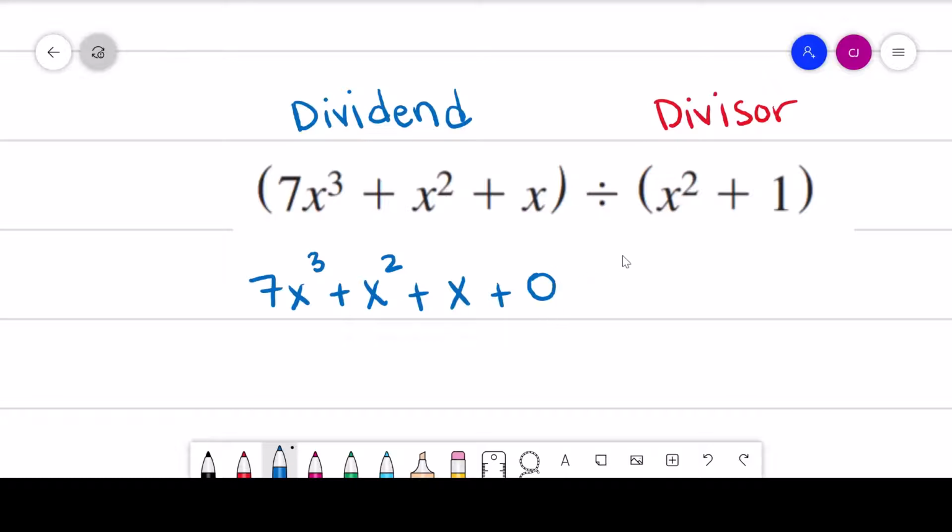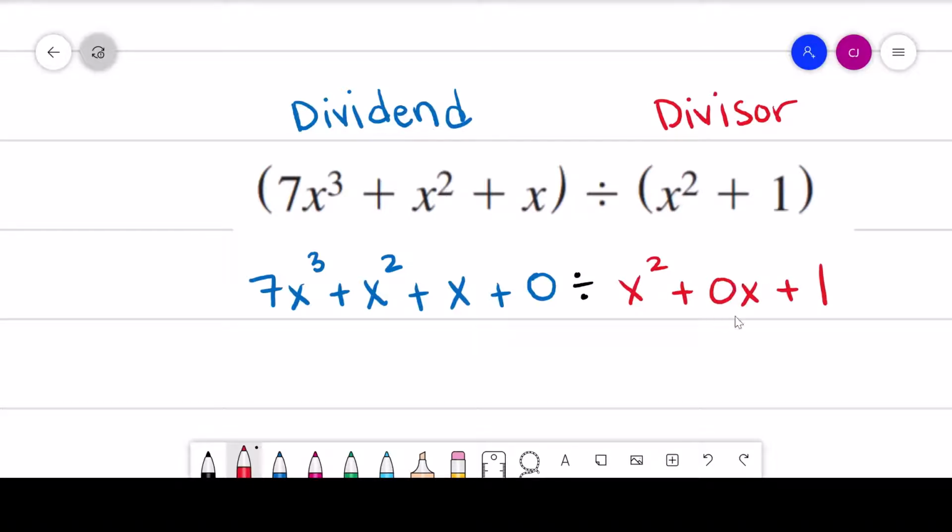Okay, I'm going to then look at my divisor, and you'll notice that the divisor is also missing a term. It's missing the x to the first power. So we're also going to include a placeholder. I'm going to rewrite my divisor as x to the second plus 0x plus 1.